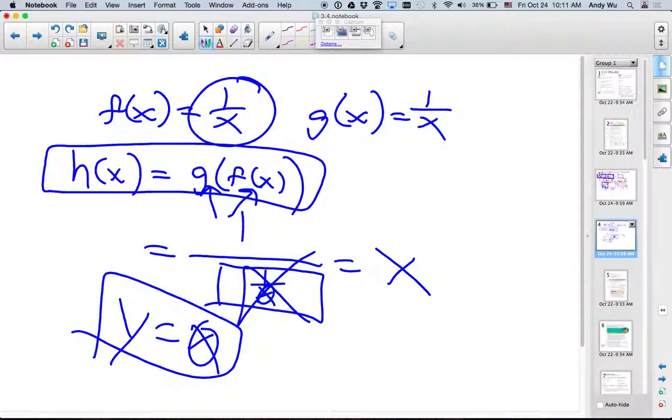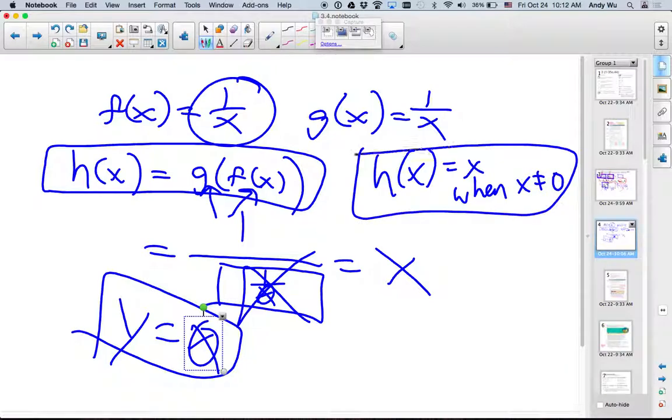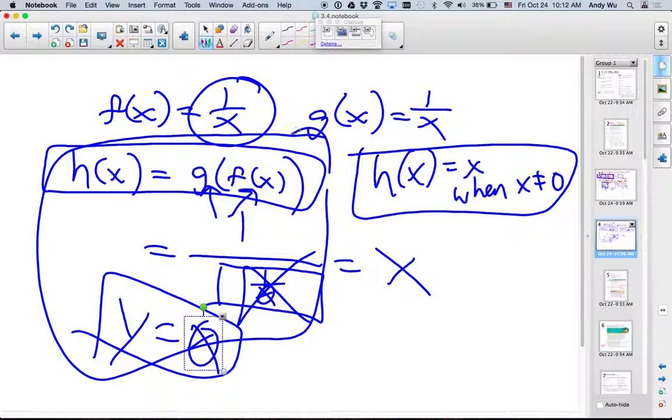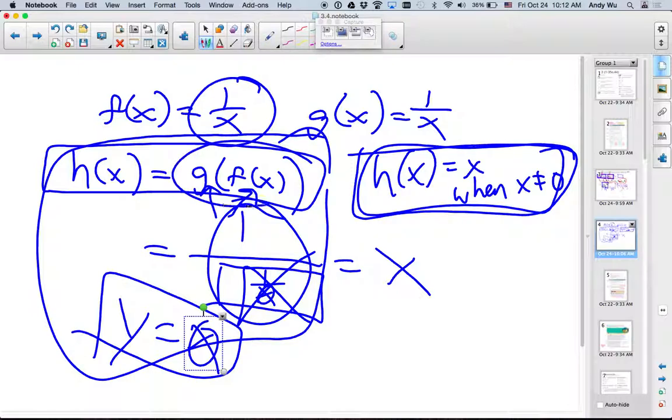This is a simplified version. This is why in this example it's crucial that you write h of x equal to x when x doesn't equal 0. Because by writing this, you're actually summarizing the entire thing without writing this mess. You see that? Now this is completely identical to that by giving them this warning.